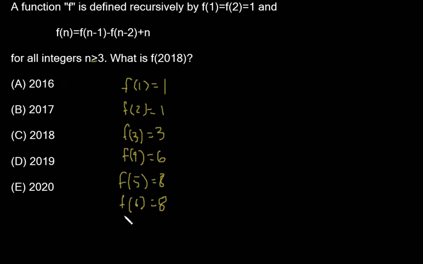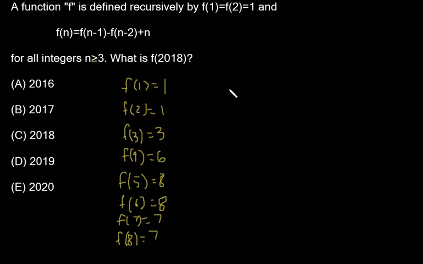Sorry, now f of 7 is equal to 8 minus 8 plus 7, which is 7. Now we go down to f of 8: 7 minus 8, which is negative 1, plus 8 is 7.